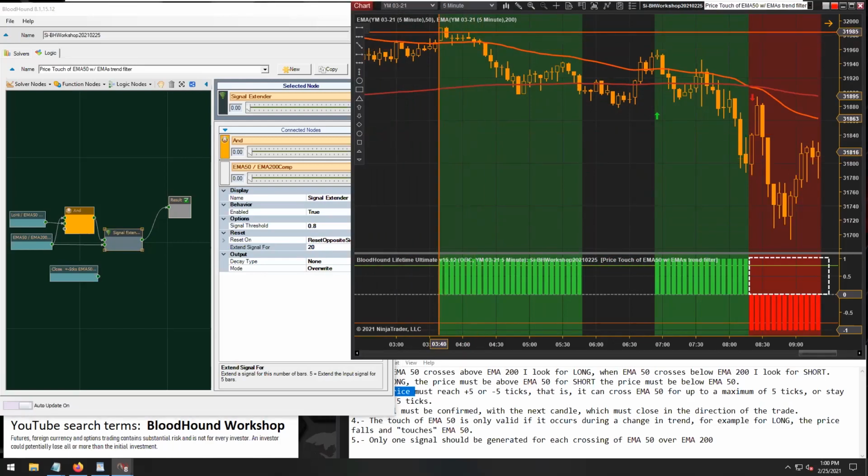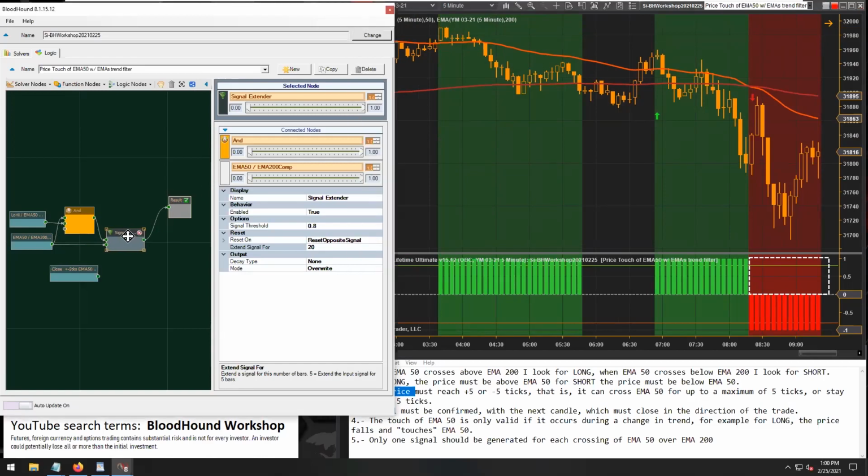So, just to exaggerate why I'm using the signal extender, let's say we get this permission to generate a possible long signal, but then immediately we get the moving averages crossing over each other. That crossing over should invalidate any kind of a long signal there.